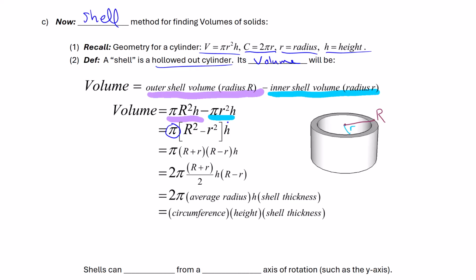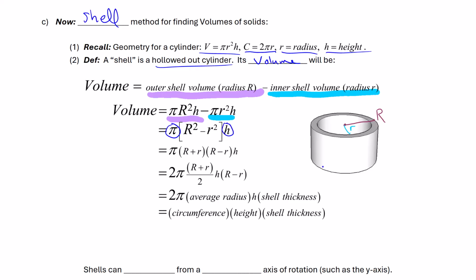And then notice they also have in common an h. For height, I'm going to factor that out but write it at the end. So our result is this: pi, and then in brackets, capital R squared minus lowercase r squared, close brackets, and then h. Just doing a little bit of basic algebra to rewrite the general idea of subtracting the smaller inner volume of the cylinder from the outer one to get this hollowed out, what we're calling a shell.